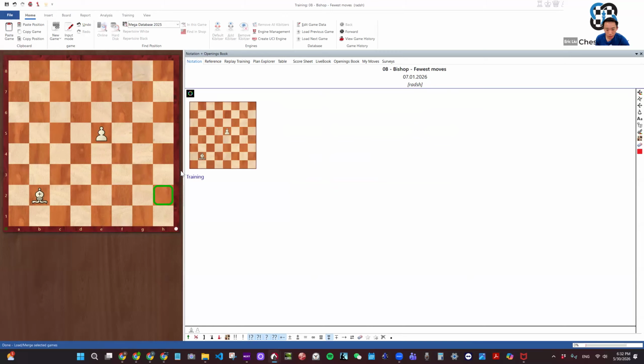Find the path for the bishop to move from b2 to h2. A path is harder to find.